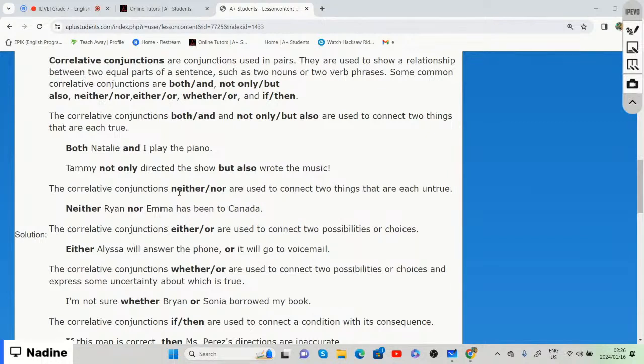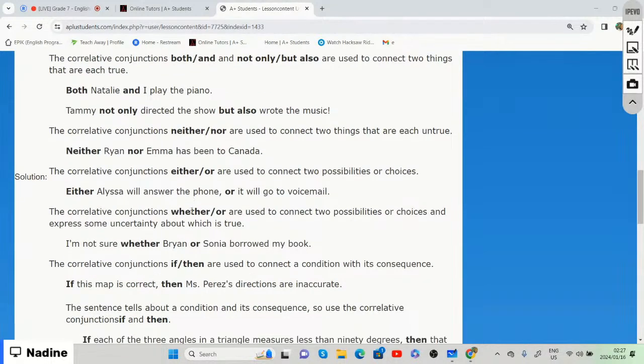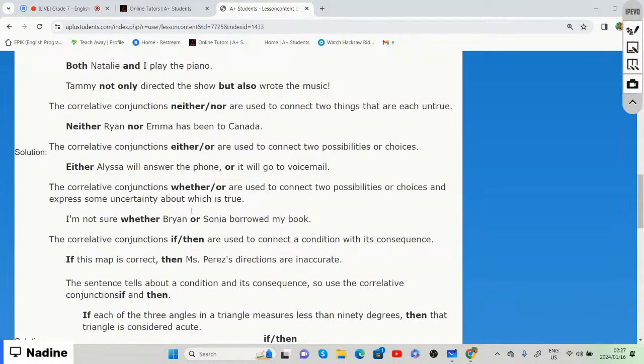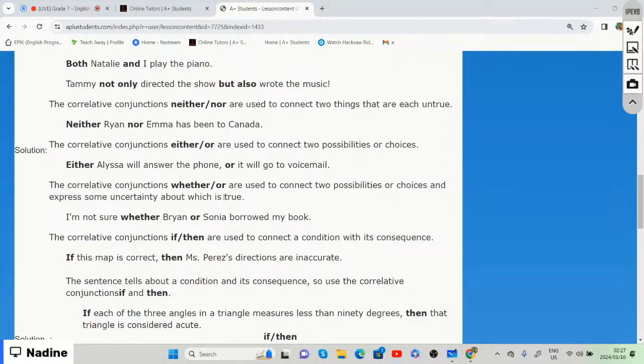The correlative conjunction neither nor is used to connect two things that are each untrue. The correlative conjunction either or is used to connect two possibilities or two choices.